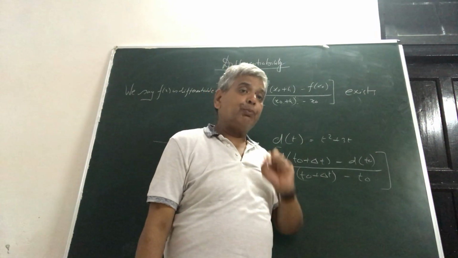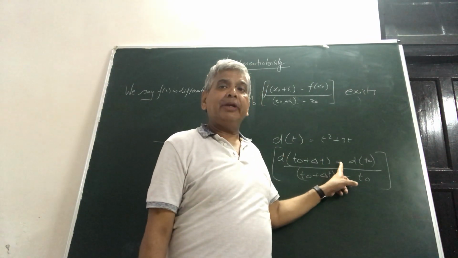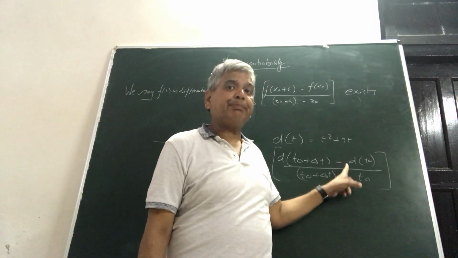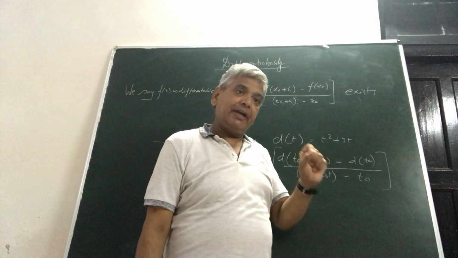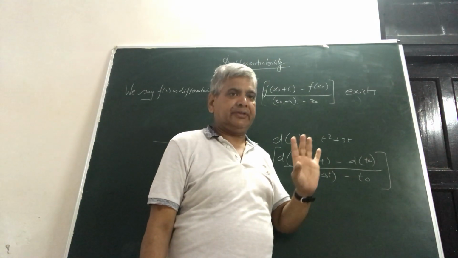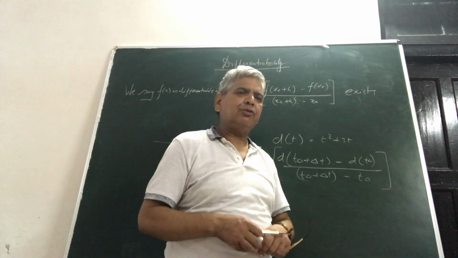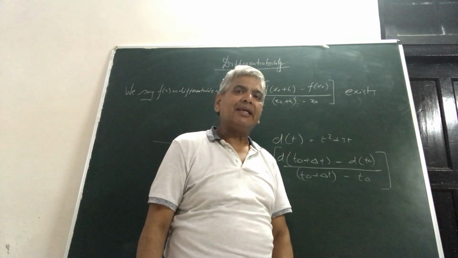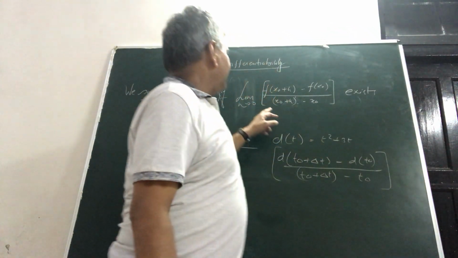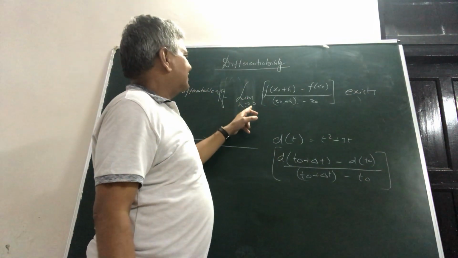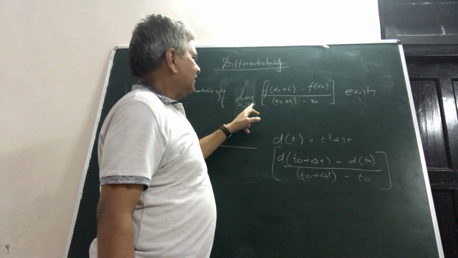But if I reduce it to 0.01 second, then I will be taking an average speed over a much smaller interval. So the smaller the interval I take, the better the approximation towards instantaneous speed I will be getting. This is a classic example where you can well understand the advantage of taking this limiting value.